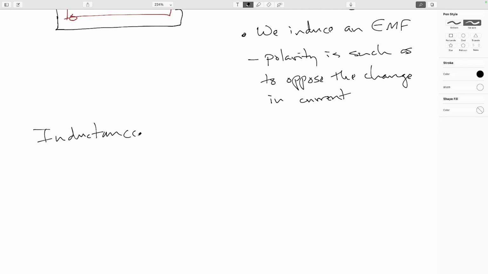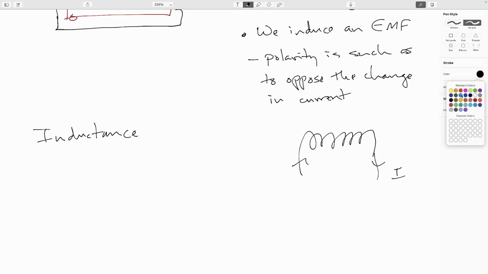Which is an electrical property of the device. So let's think about it as a solenoid, let's say. I go ahead and run a current through my solenoid like so. I'm going to make a magnetic field going through. All right.